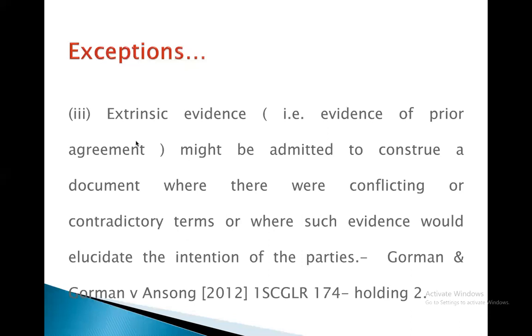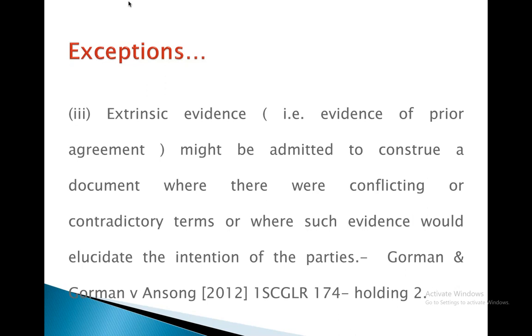It is also pertinent to note that extrinsic evidence, or evidence of prior agreement, might be admitted to construe a document where there were conflicting or contradictory terms, or where such evidence will elucidate the intention of the parties.